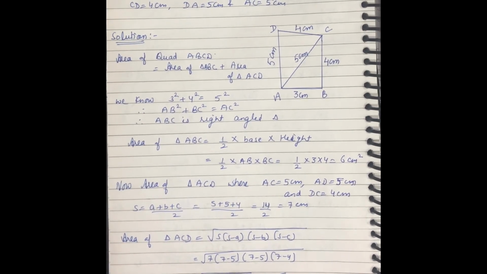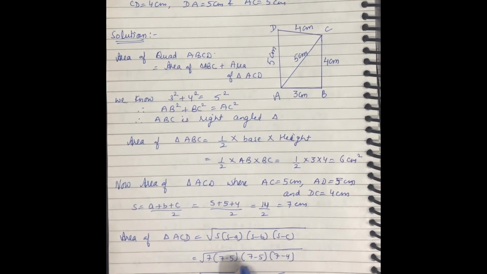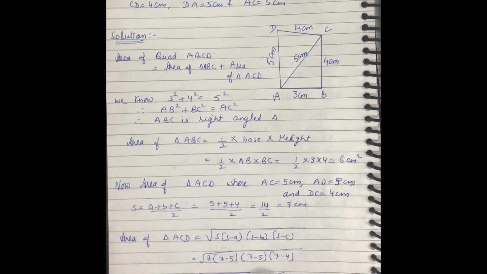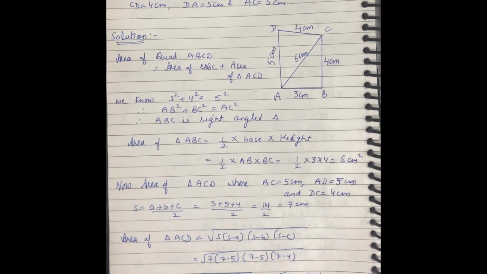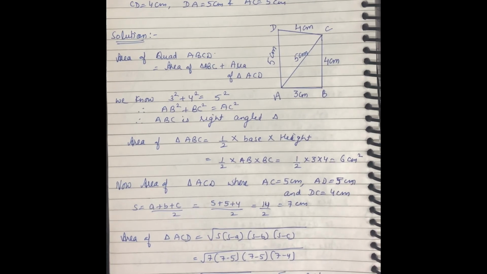So when we simplify, 2 is coming in a pair. We can write down 2, because 2 square under the root will be 2, and 7 threes are 21, root 21. So 2 into the value of root 21, here I have written, after calculation it's coming as 9.2 centimeter square, because I rounded it off.